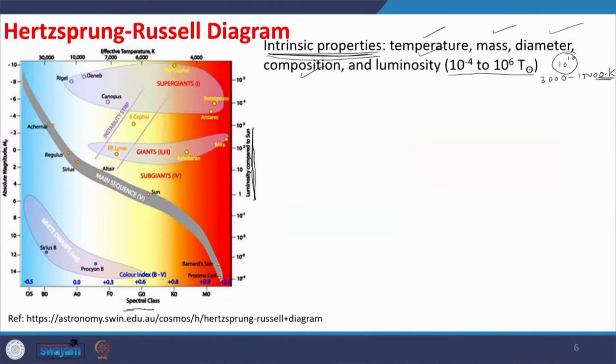What is that? See here. See, luminosity compared to the sun on the y axis, on the x axis spectral class, that means color. What is the meaning of this color? What does it correspond to? I will discuss in the next slide. Okay? And absolute magnitude on the y axis, left hand side, and effective temperature on the x axis.